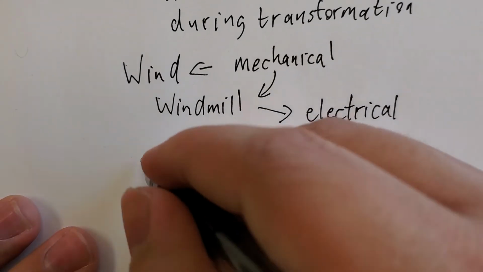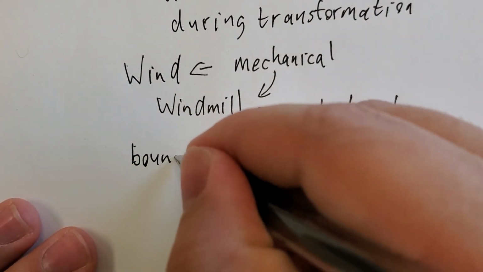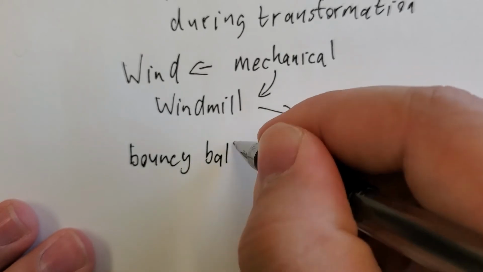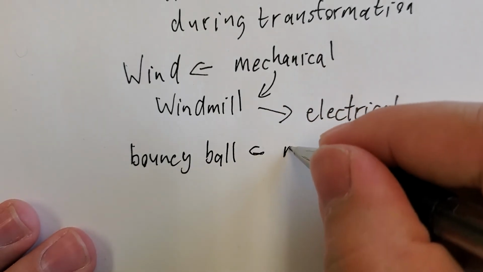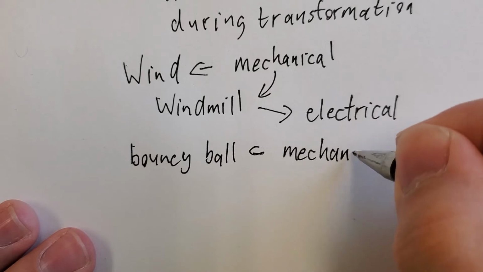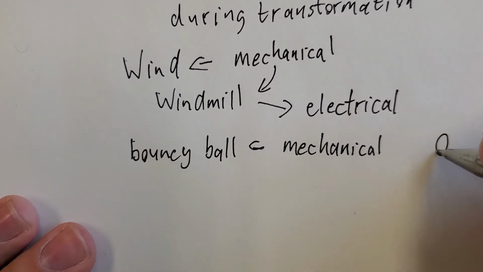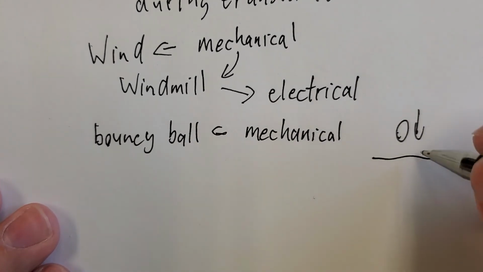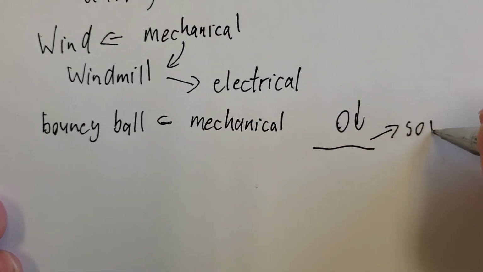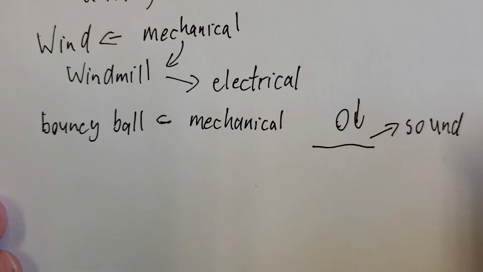Similarly, if we have a bouncy ball, it is also mechanical. And then when it drops down to the floor, you get a little bit of sound as the ball bounces, right? But you still have some mechanical energy that stays because it goes back up. But you do get the sound.